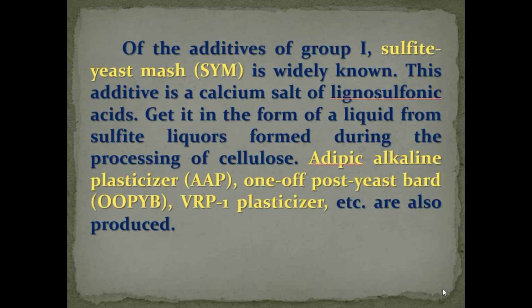Adipic alkaline plasticizer AAP, one of the post-yeast parts, and VRP1 plasticizer are also produced.